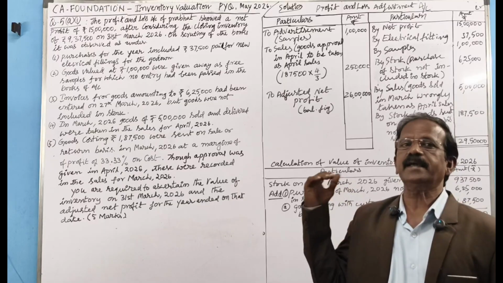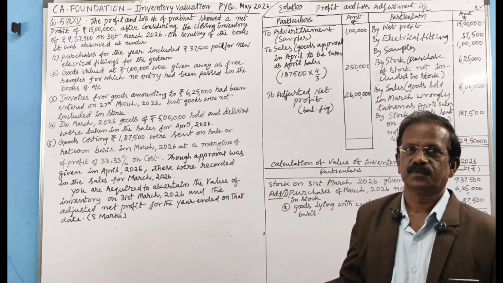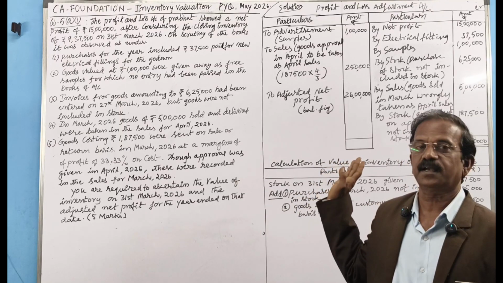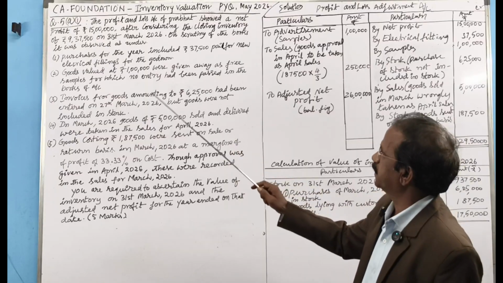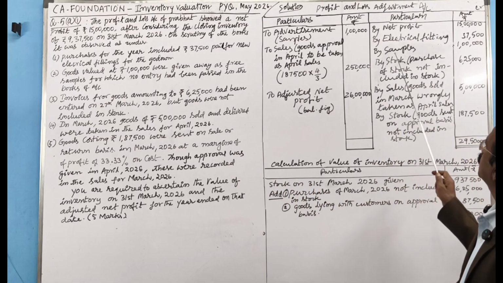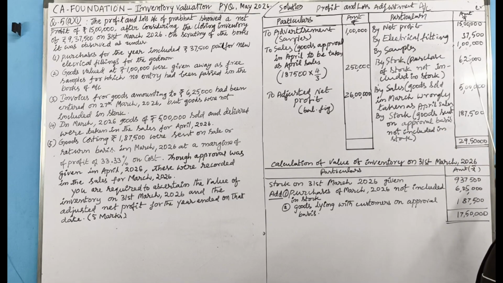Now it should be credited, but there is no trading account now. Only alternative is to credit profit and loss adjustment account. So the free samples distributed have to be credited to profit and loss adjustment account, by free samples, 1 lakh.